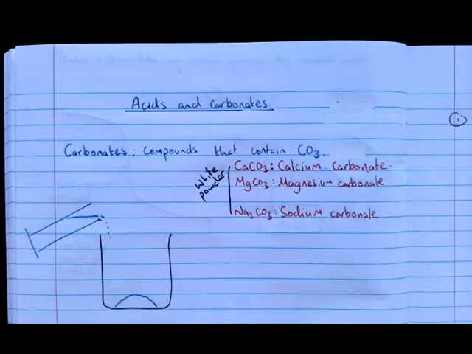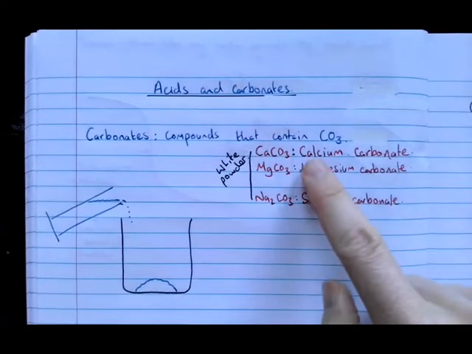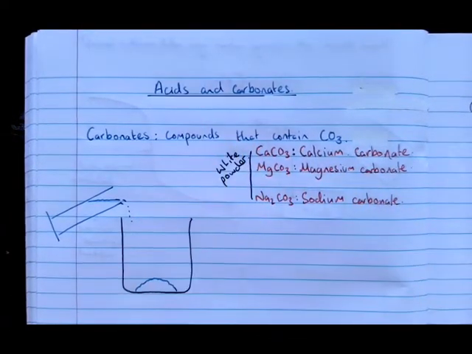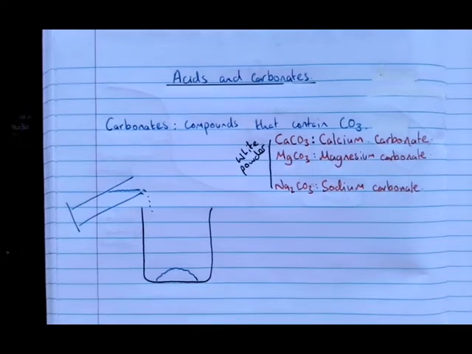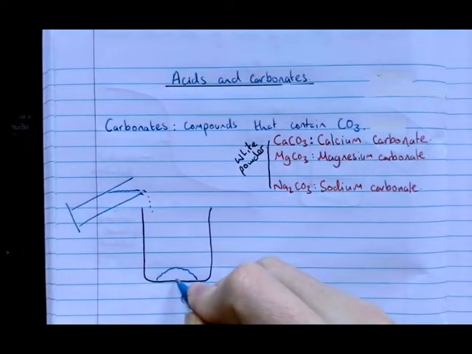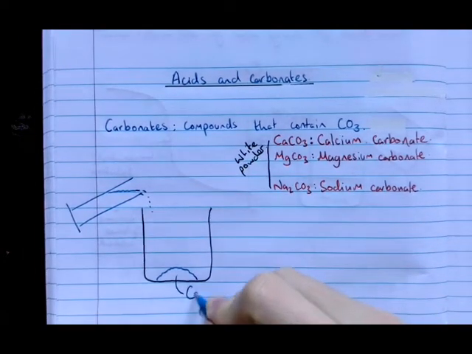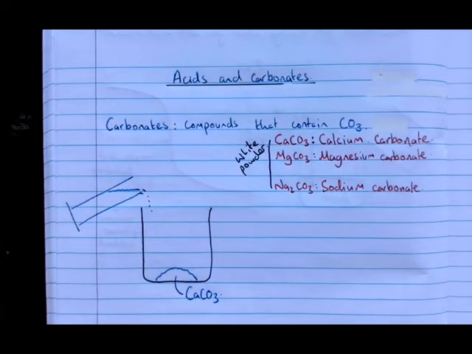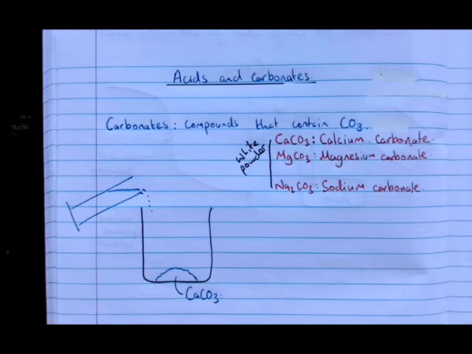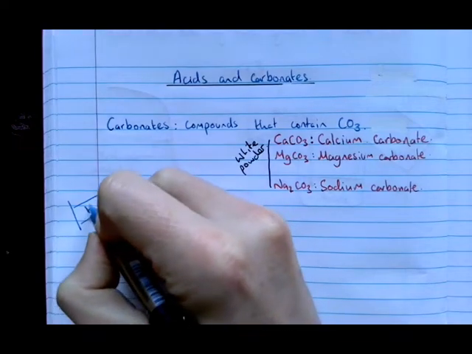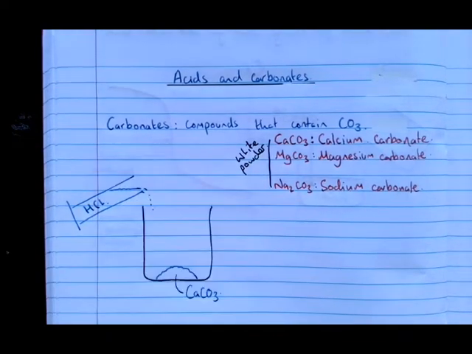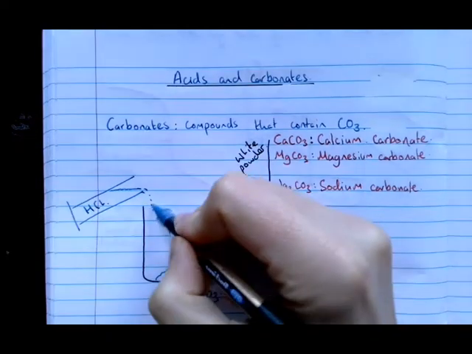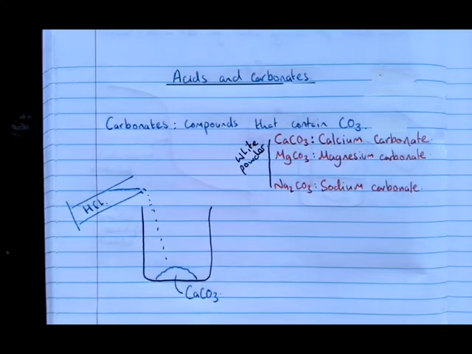All right, so what happens when we do a reaction of one of these carbonates and an acid? So let's imagine I've got here my white powder, let's say it's CaCO3, which would be calcium carbonate, and I'm going to react that with some hydrochloric acid. So in here I've got HCl. All right, and I pour the HCl in, and there's a reaction.